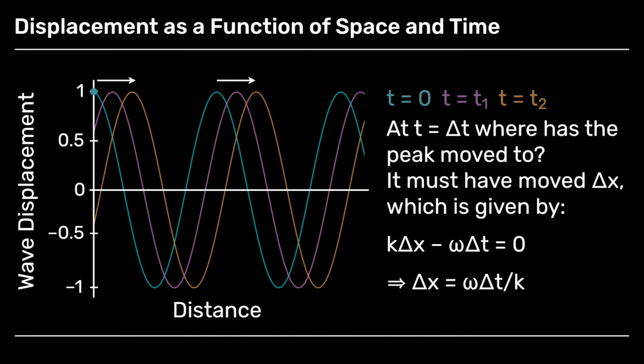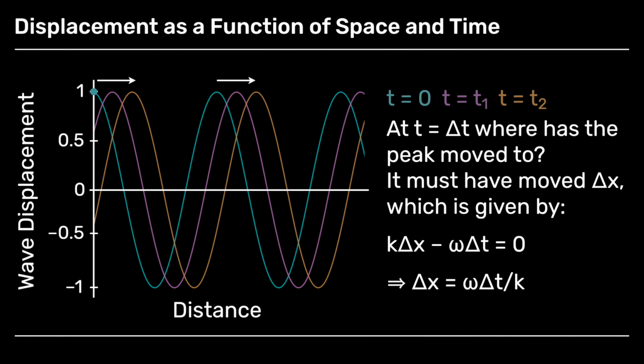So at some time t, let's call it delta t, where has the peak moved to? Well, it must have moved to a position that we call delta x, where delta x is given by the requirement k times delta x minus omega delta t is still equal to 0.